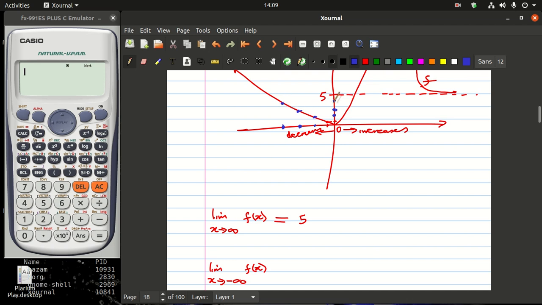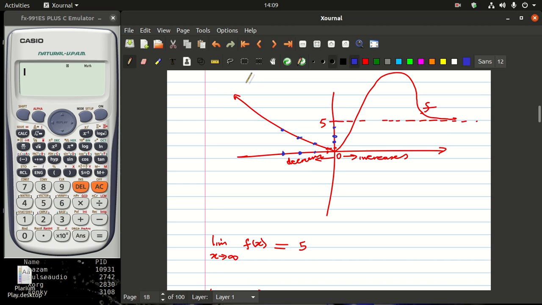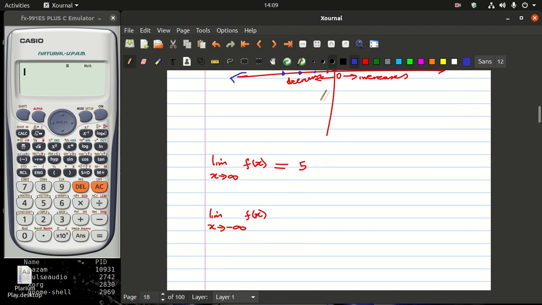So as this x keeps decreasing, the y values or the output of this function are getting bigger and bigger, and it's not bounded at all, which means that as I keep going all the way to negative infinity, this function will keep increasing all the way up to positive infinity. So this particular function is going to be positive infinity if I'm going to the negative side of things.